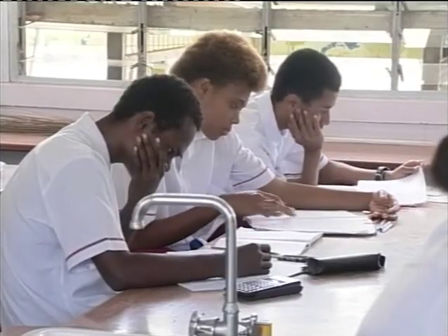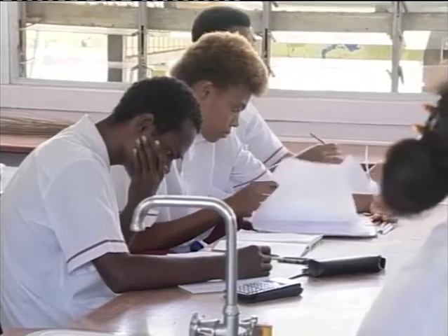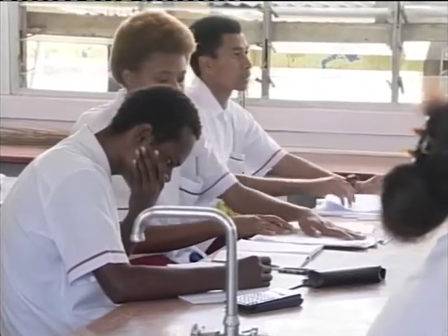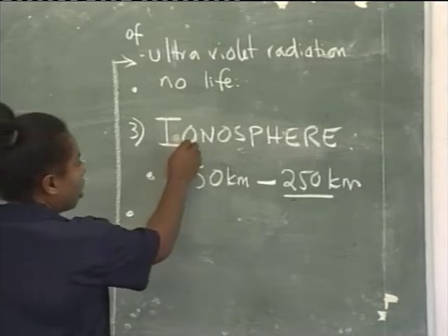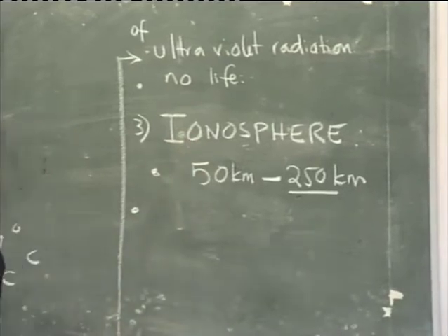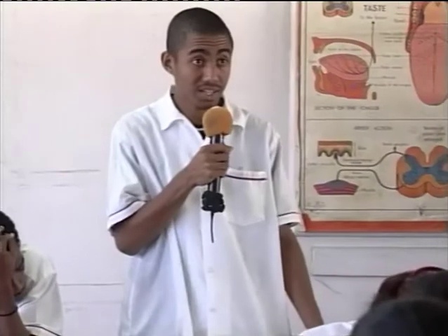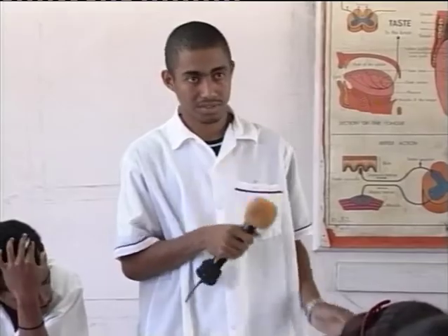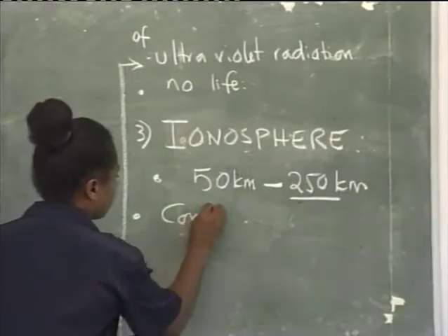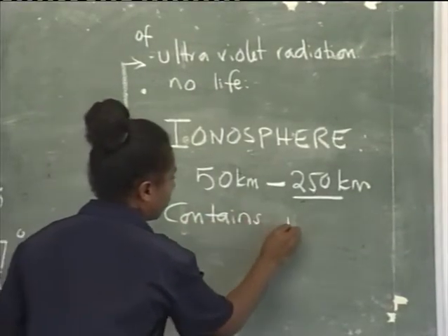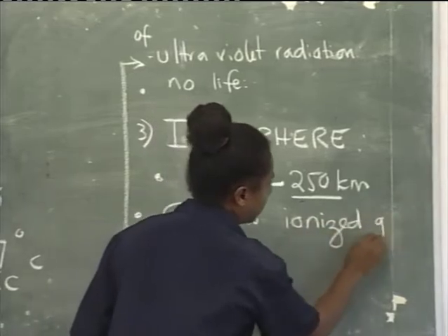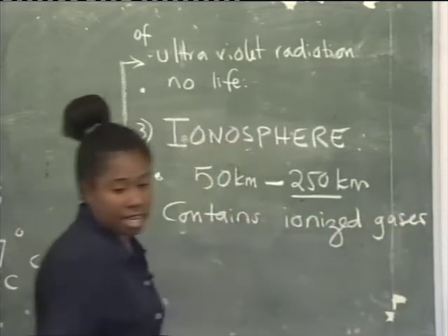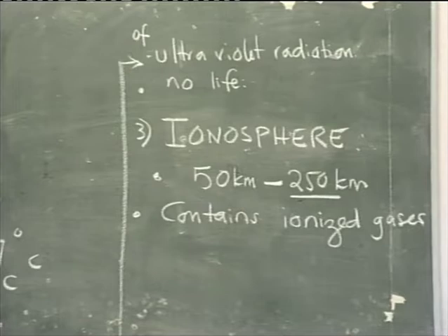Okay, let's look at the characteristics. Ovio, give me one of the characteristics of this particular zone, the ionosphere. The layer contains ionized gases. Okay. This is the layer which contains ionized gases.